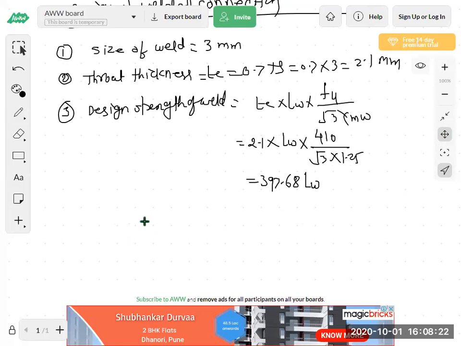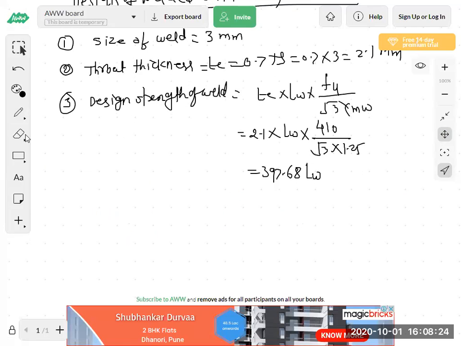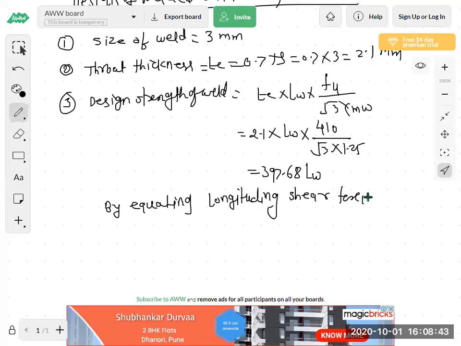So here we have to consider by equating longitudinal shear force and design strength of the weld.